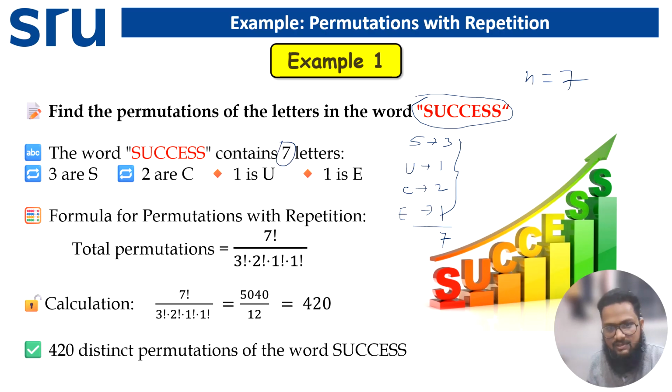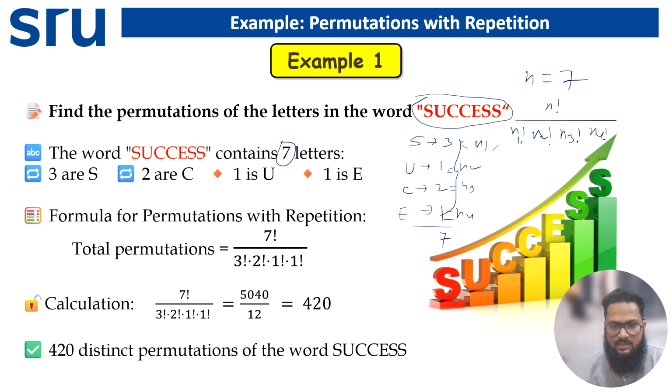If we individually take n1, n2, n3, n4, then n1 is 3, n2 is 1, n3 is 2, n4 is 1. So the formula is again n total factorial divided by n1 factorial, n2 factorial, n3 factorial, n4 factorial.